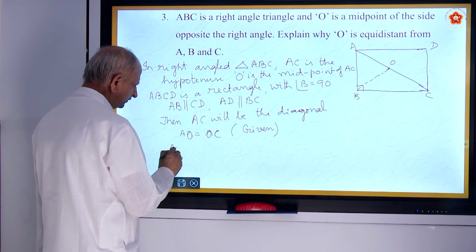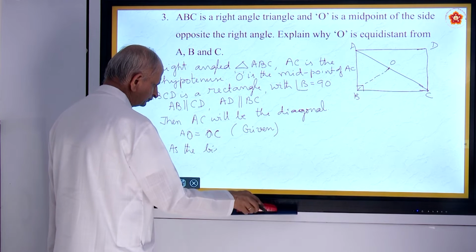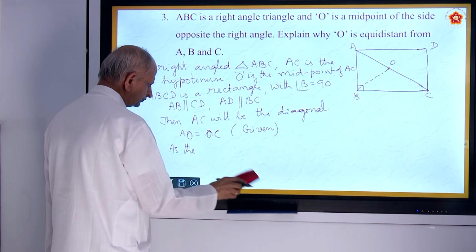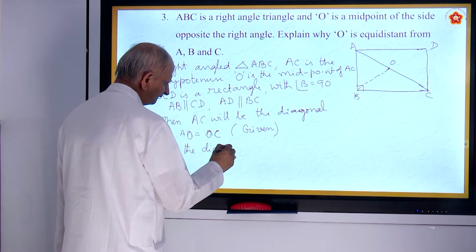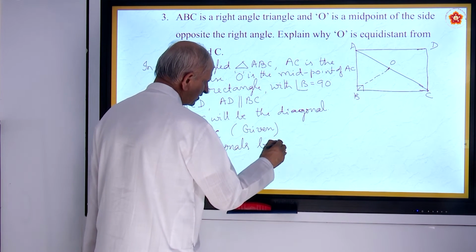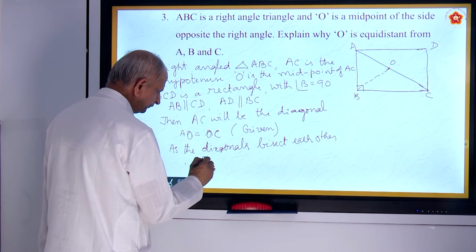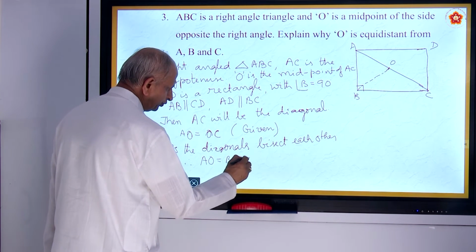As the diagonals bisect each other, so AO is equal to BO is equal to OC.